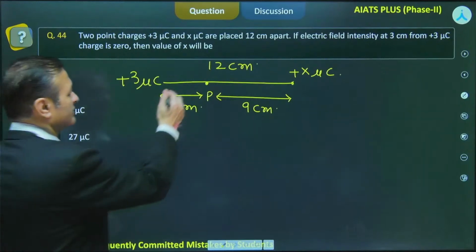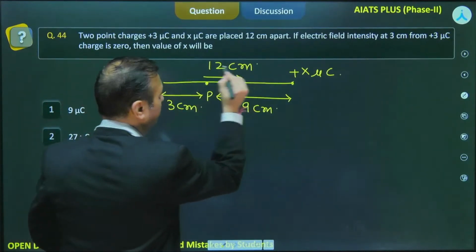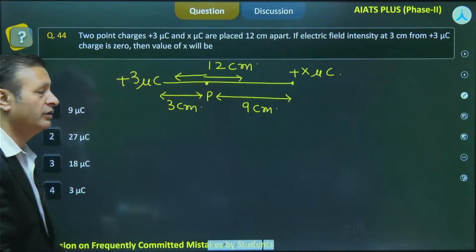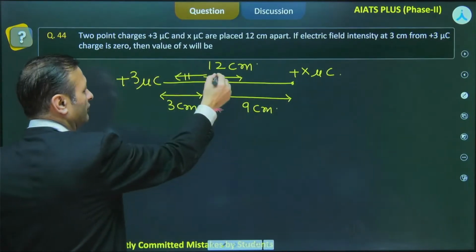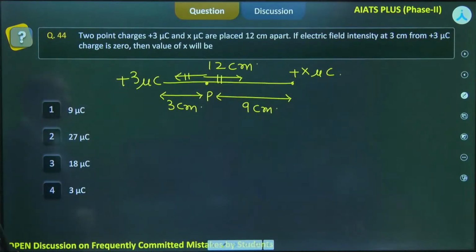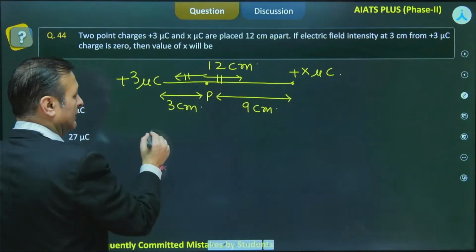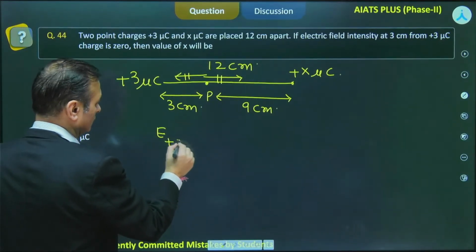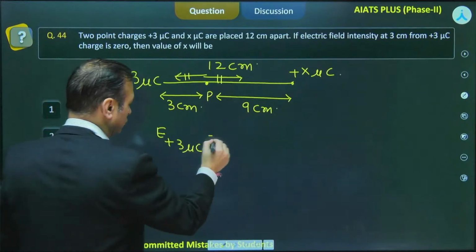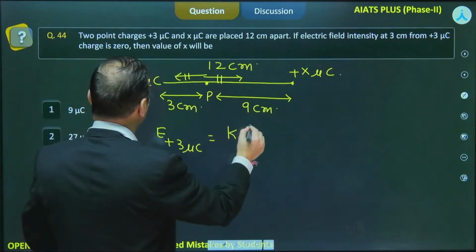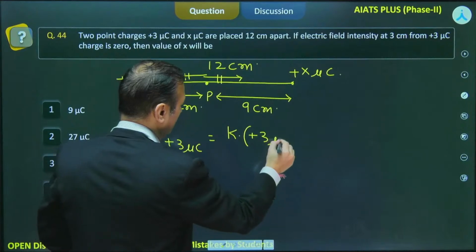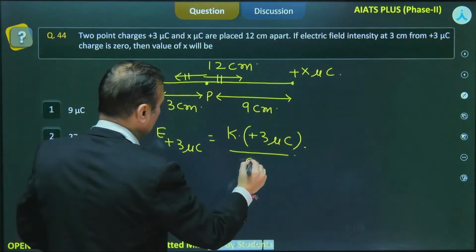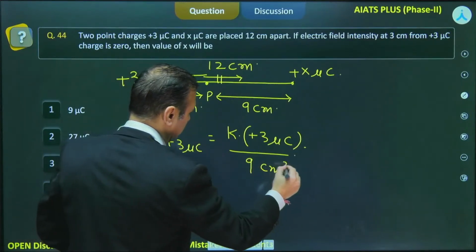First we need to understand that the electric field due to this is radially outward. This is also positive, so this also is radially outward. So these two electric fields will mutually cancel out each other. How will you find the electric field at point P? This is due to plus 3 microcoulomb, so this is KQ by R square, where R square means 9 centimeter square.